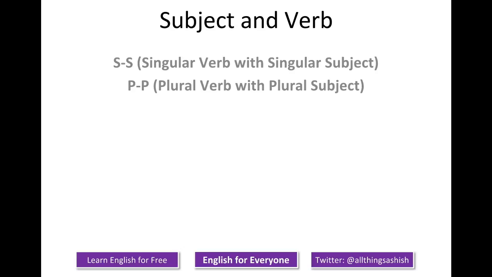The SSPP rule says that a singular verb should be used with a singular subject and a plural verb should be used with a plural subject. The most important rule to remember when dealing with subject and verb.